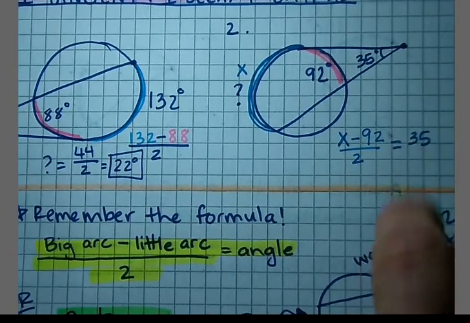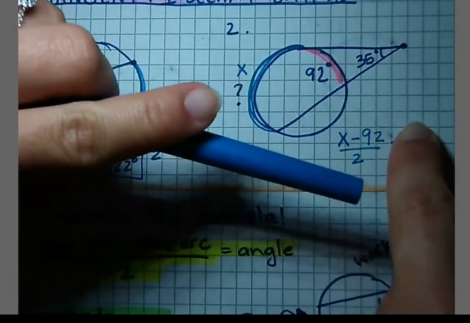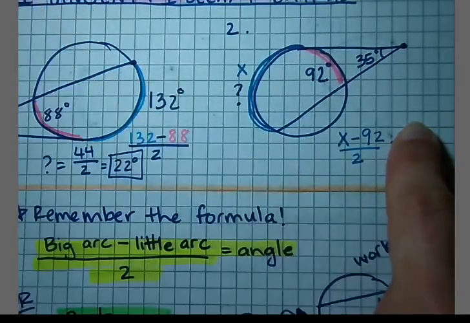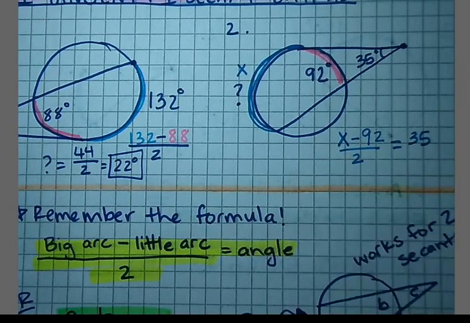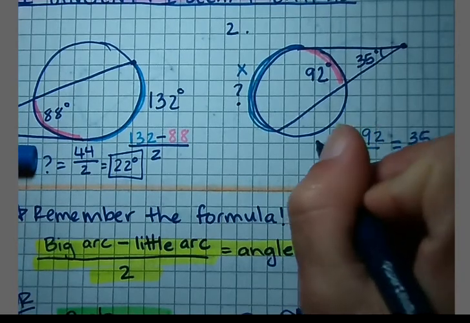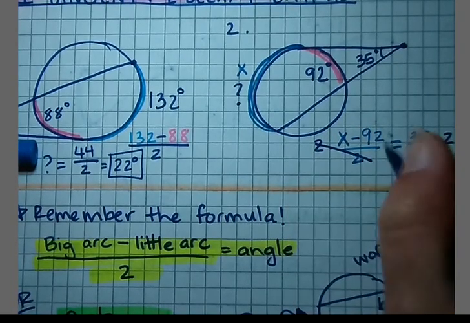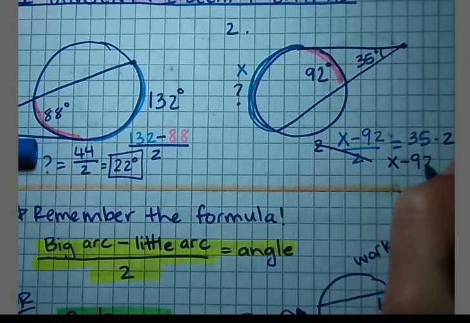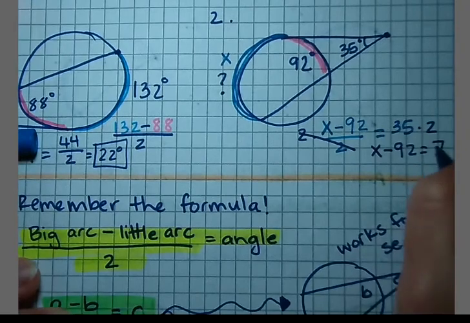If I covered up this side, you can see that x is having 92 subtracted from it, and then it's being divided by 2. So we need to get rid of the divided by 2 first. The opposite of dividing by 2 would be multiplying by 2 on both sides. So we get x minus 92 equals 35 times 2, which is 70.